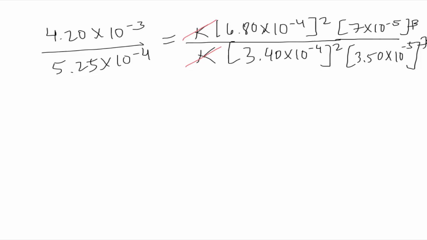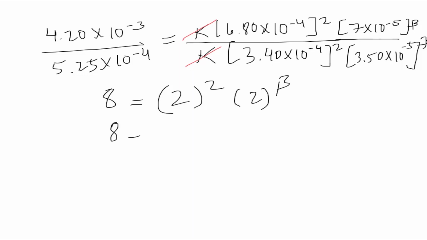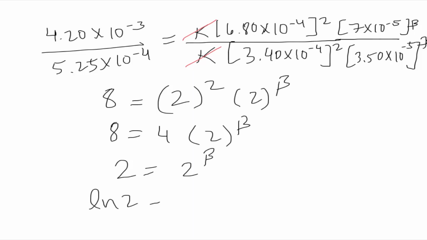That will be equal to 8 is equal to 2 squared times 2 to the beta. So that will be 8 is equal to 4 times 2 to the beta. We divide that. That will be 2 is equal to 2 to the beta. Same as before, we add ln on each side.